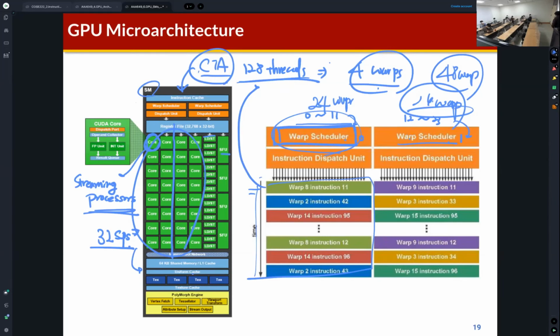If all warps are ready and the instructions have a low latency, then the scheduler can wait around 20 cycles and come back to warp 0 and execute. So theoretically the GPU can hide a latency of tens of cycles.